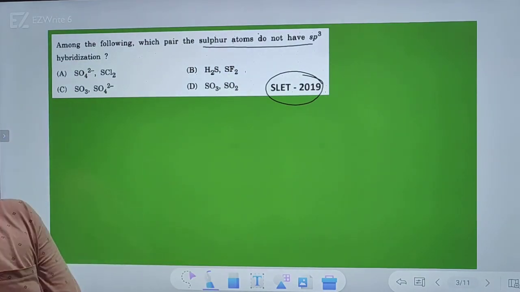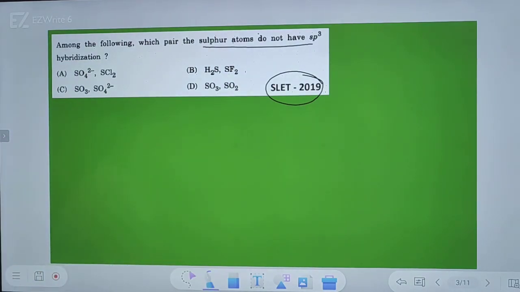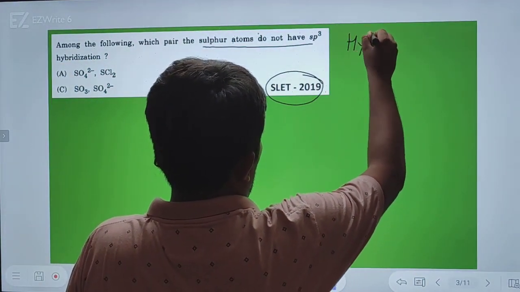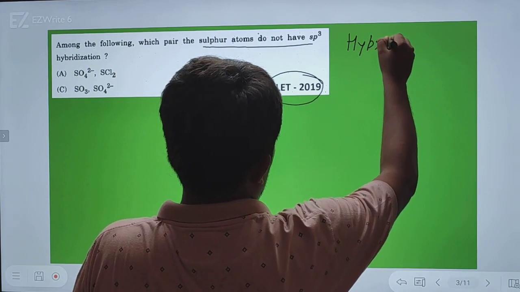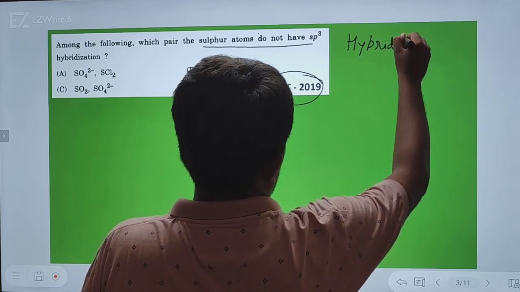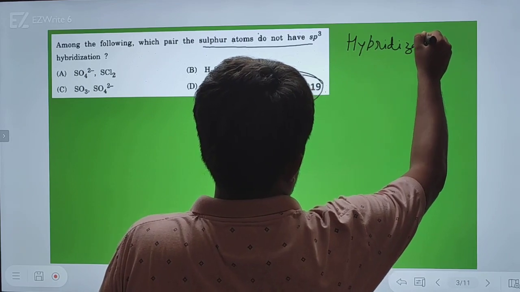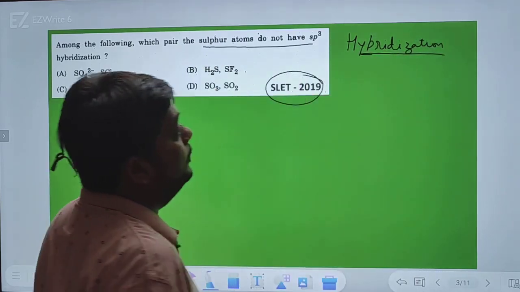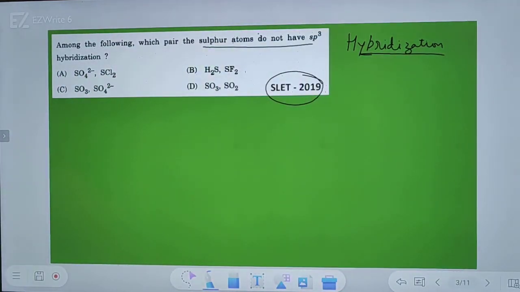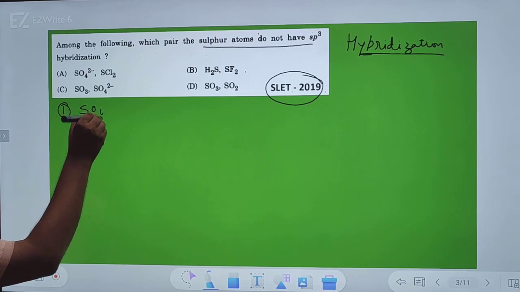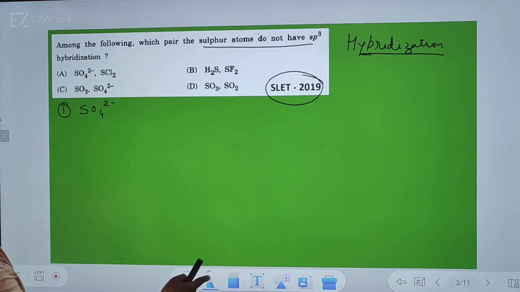So our target is not to get sp3 hybridization, and the formula again remains the same. Always remember, friends, whenever I say that I am determining hybridization for a molecule, the summation formula will work out. Let us check the first one, that is SO4 2 minus.